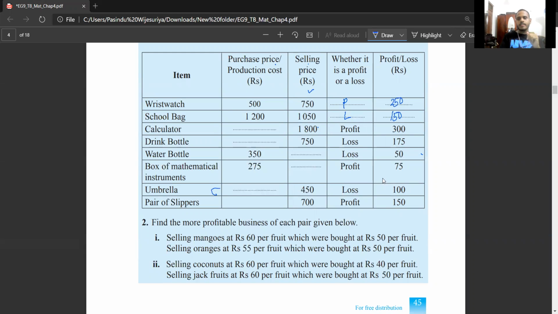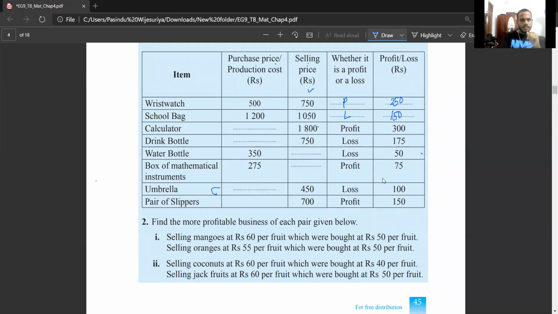If the selling price is higher, the purchasing price should be lower. So it means the selling price minus the profit is equal to the purchasing price. So if we consider this, profit equals selling price minus cost.